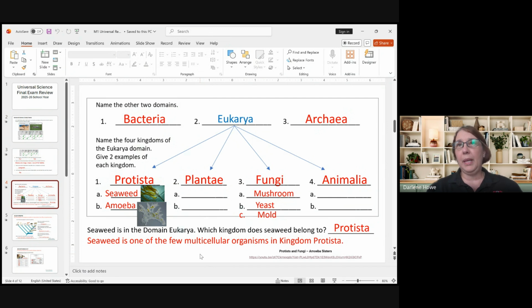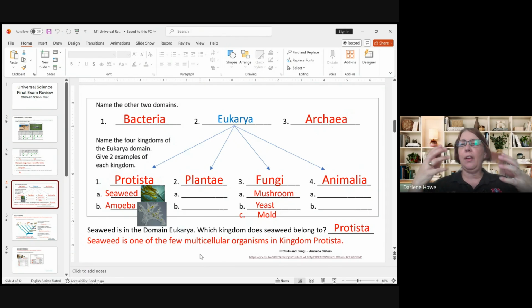We are made of many, many cells. Because we're multicellular, our cells specialize. We have cells that are only skin cells, other cells that are only bone cells, other cells that are only muscle cells. And we have hair cells.